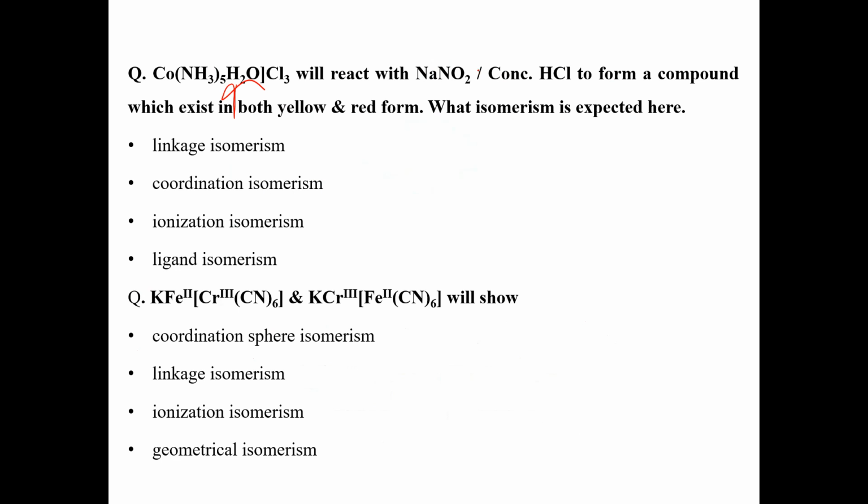Basically, this ligand, that is NO2, will replace the water molecule, and you already know that NO2 can exhibit two tautomeric forms. It can exist as this one, or it can exist as this one. So what is the product that will be formed?